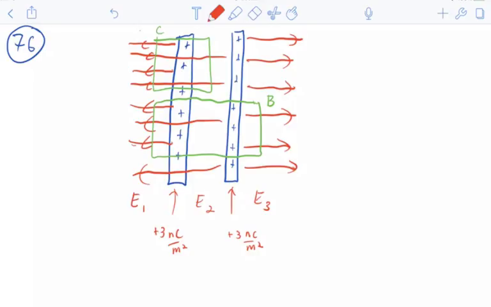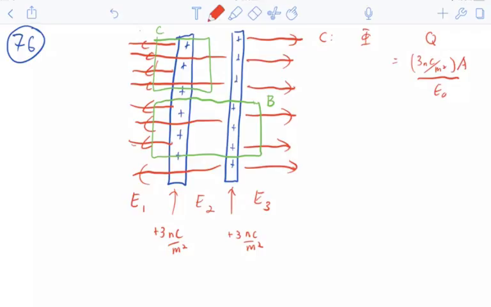For box C, the charge enclosed is going to be 3 nanocoulombs per meter squared times the area of the box divided by epsilon naught. Yeah? All the flux is going through the left side and the right side of the box, right?